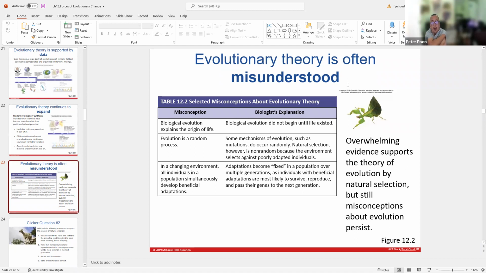No. Adaptations to changes in the environment occur in one individual first. If that individual is successful, then it has more offspring. More offspring leads to even more offspring being successful, and that eventually becomes fixed in the population. It is not instantaneous by any stretch of the imagination.